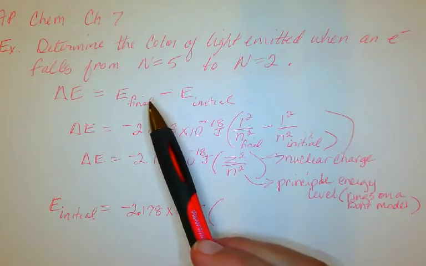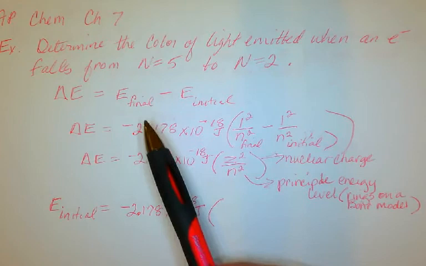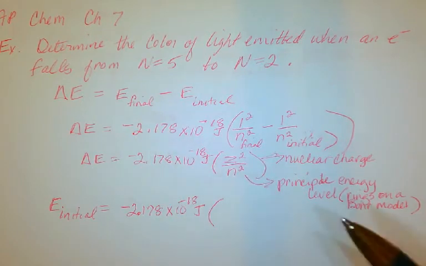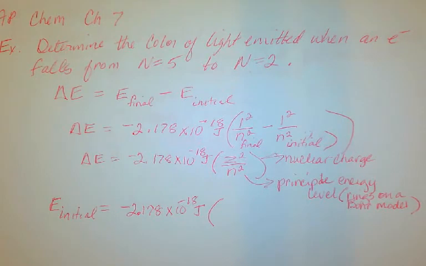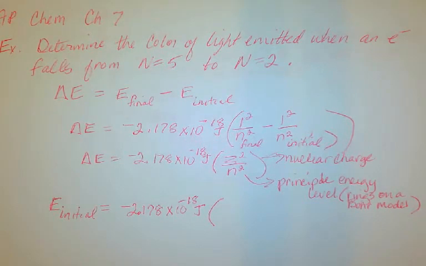It's falling from n equals 5 to n equals 2. Okay, well, what was its initial state? Well, initially, it actually began at a position that was its ground state.